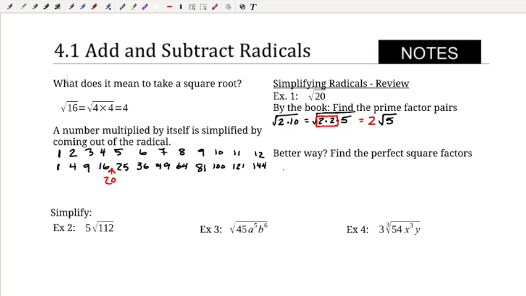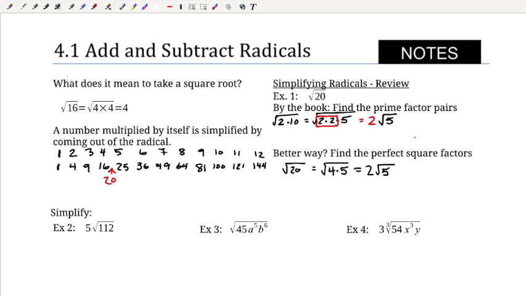So I'm going to rewrite this as square root of 20 is actually going to be the square root of 4 times 5. 4 is a factor of 20, and if you need to check that on your calculator, you can. And then looking at this, I go, okay, the square root of 4 is 2, so this is going to be 2 square root of 5. So again, you can do it the perfect square factor way.